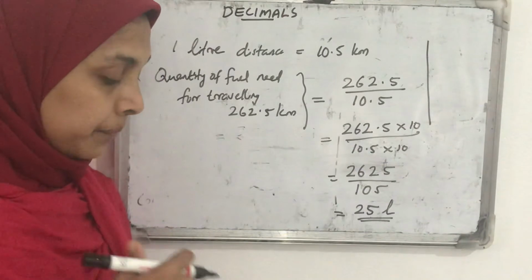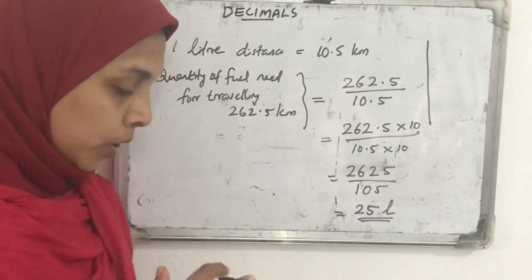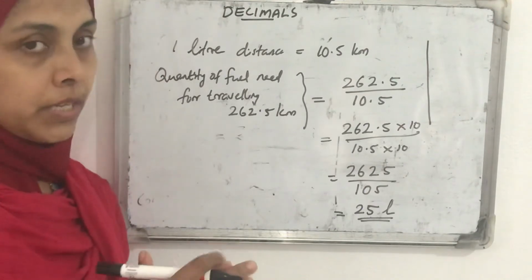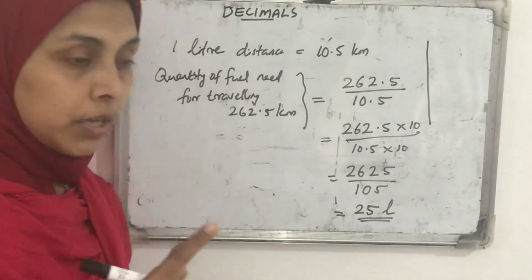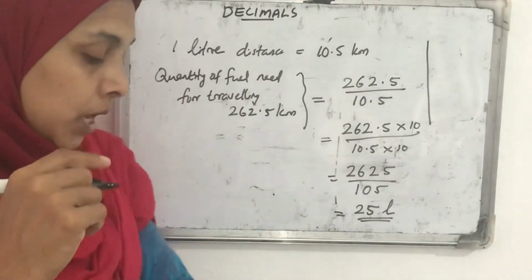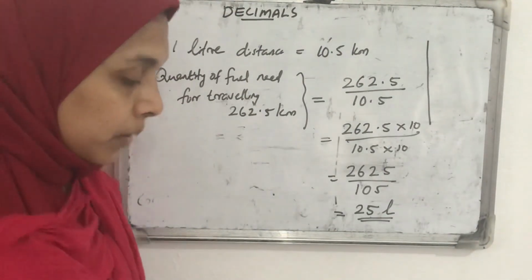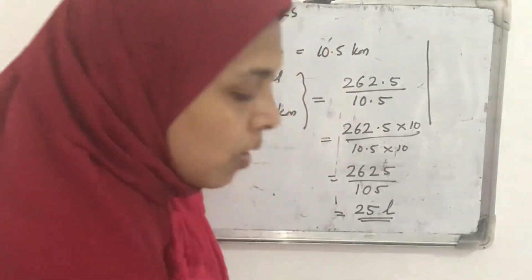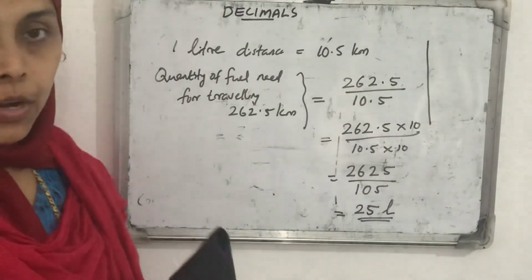When he sells 1 liter of milk, he gets 21 rupees and 40 paise. So how much is the total amount he gets by selling 12.45 liters? That we want to find out.